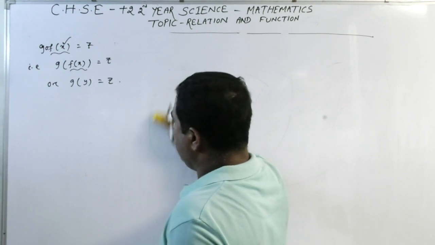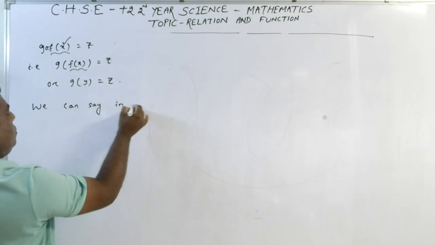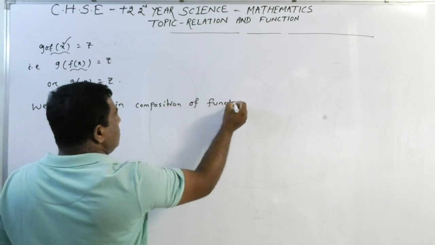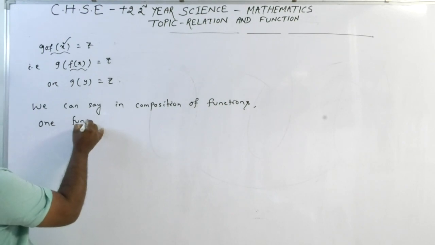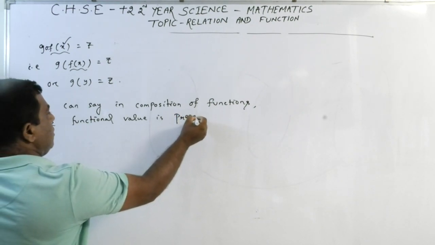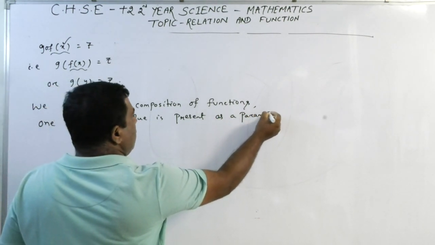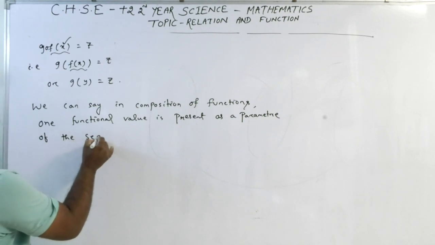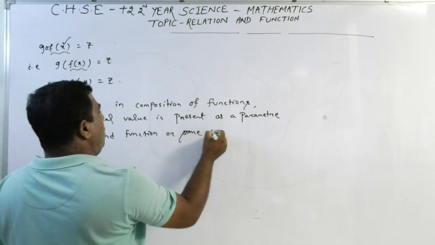So my dear students, we can say that in composition of functions, one functional value is present as a parameter of the second function, or some new function, or some other function.